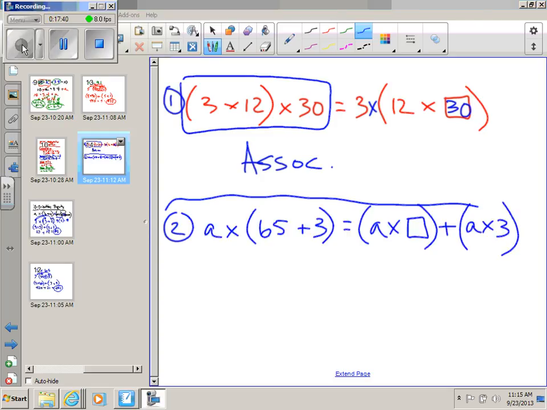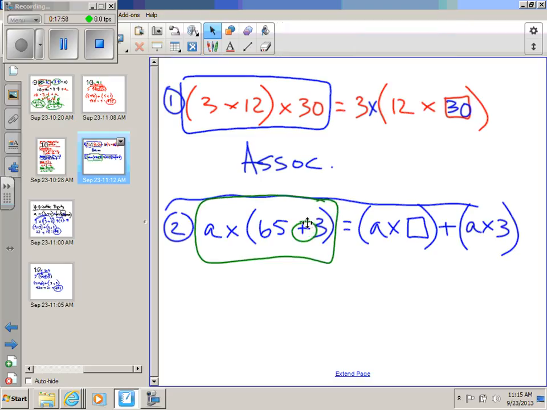What you also want to look for are differences within the properties. I overheard some of you already saying, I don't get this one, I don't know this one. You have addition present over here, okay? Are there any other properties that we talked about today that there was any addition in besides one of the properties? It was the only property that we saw today that had any addition symbols in it at all.